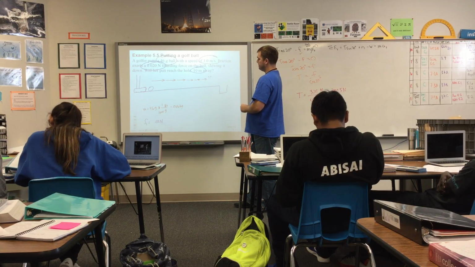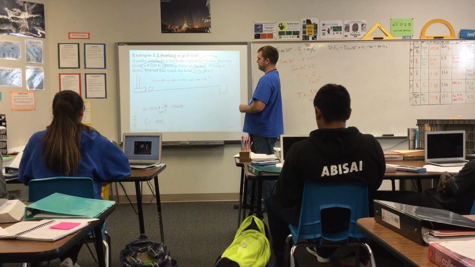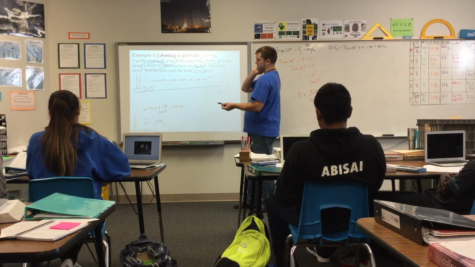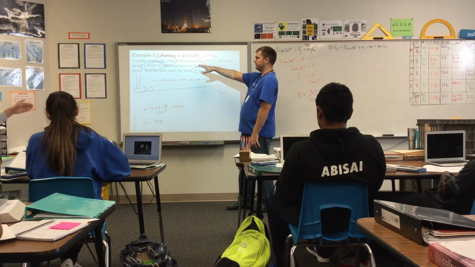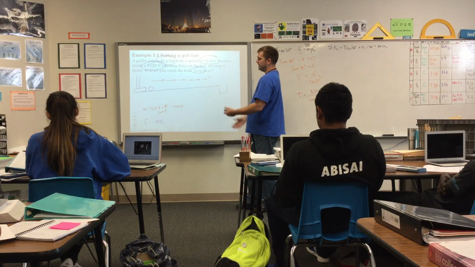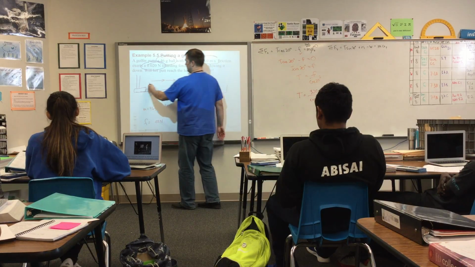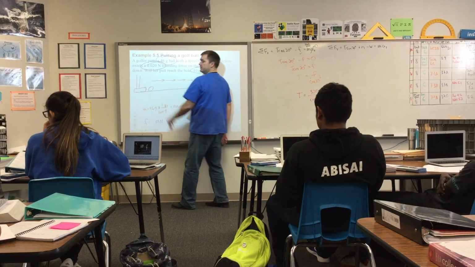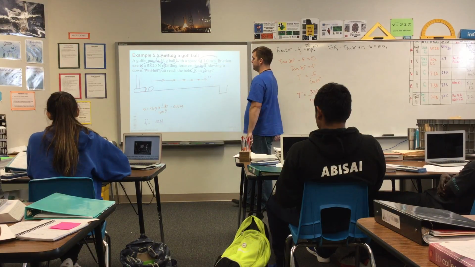You can find the acceleration by the force divided by mass, but I don't have the force. I have the frictional force, but I do not know exactly how hard she's hitting. I don't know that force. If I did, that'd be great.